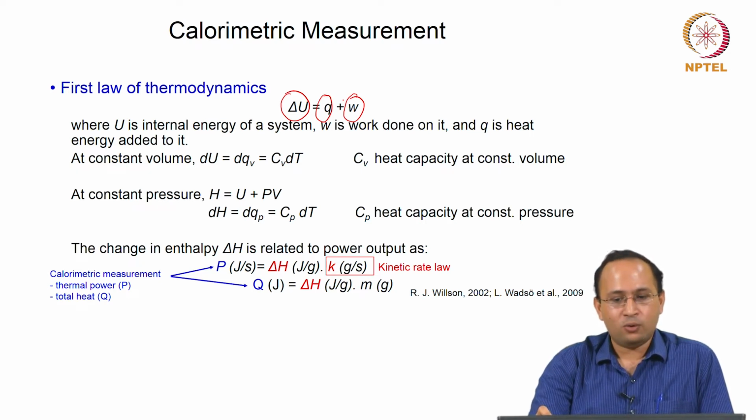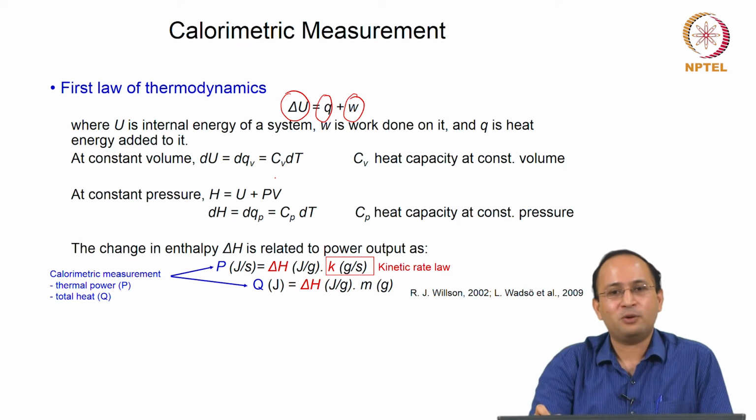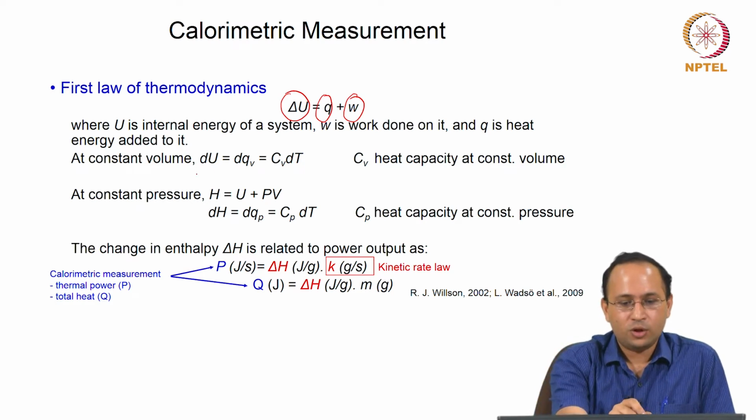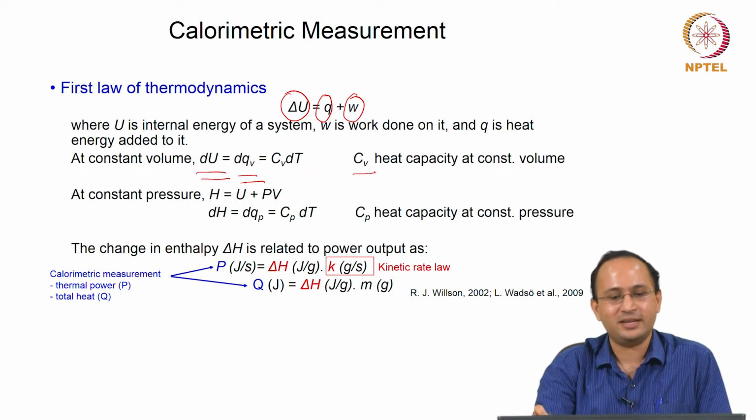Now at constant volume, the work done will be 0, so dU, the change in energy, can be related to the change in heat at constant volume, which equals Cv dT, where Cv is the heat capacity at constant volume. You must have seen this in your basic courses.